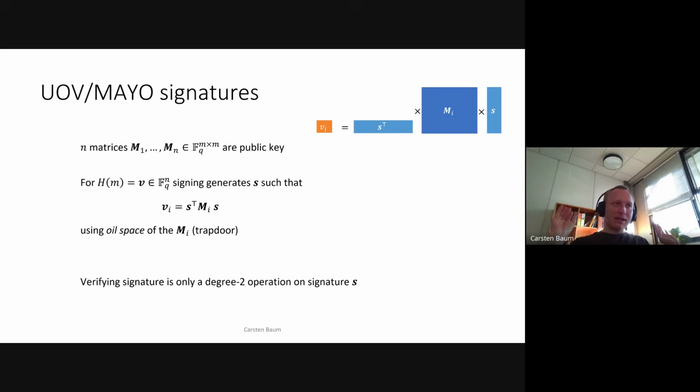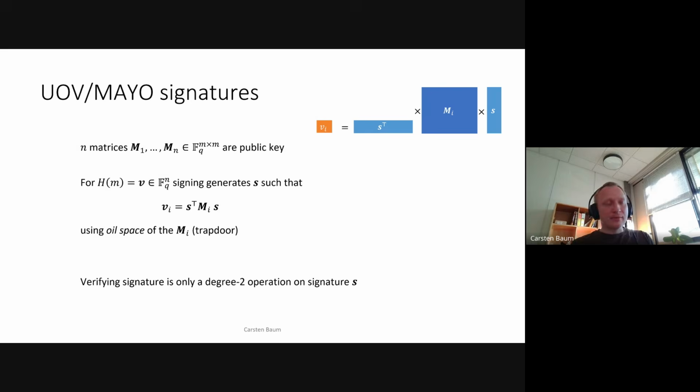That's where all the hardness in designing the signature scheme is. The great thing is, in order to verify that you have such a signature, you just have to multiply a publicly known matrix, namely your public key, on the left and on the right with the secret vector, and compare it with the hash of the message, and there you go. That's your verification.